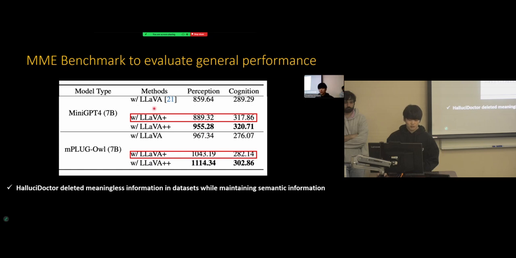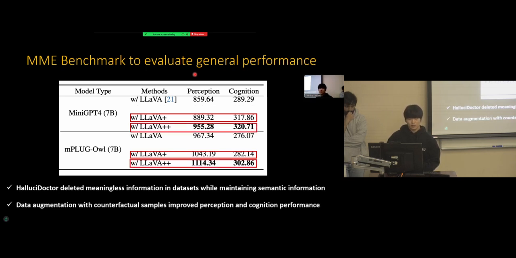LLaVA+ performance is better than LLaVA in terms of perception and cognition, which means HalluciDoctor deletes the meaningless information in the training dataset while maintaining semantic information. Also, you can see LLaVA++ outperforms LLaVA+. This is because data augmentation with counterfactual samples improved the perception and cognition performance.